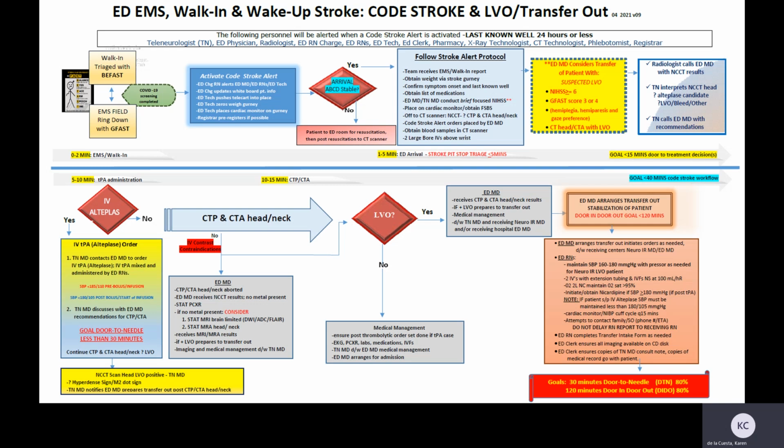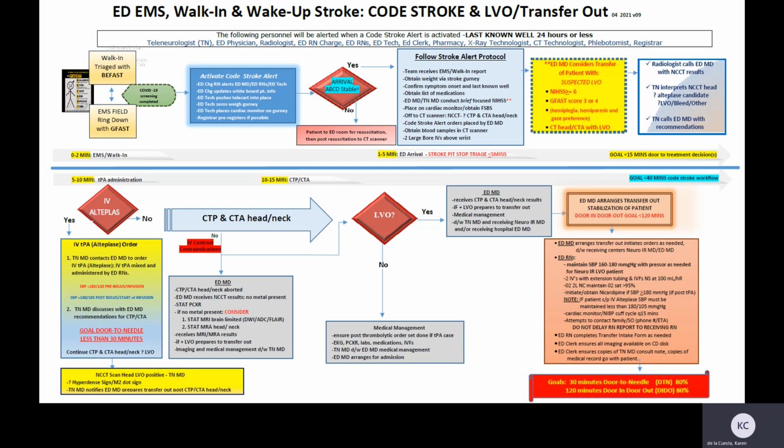Our blood pressure has to be less than or equal to 185 over 110. So patient's getting scanned, we're putting our weight into the WOW. We know our blood pressure, let's just say right now, our blood pressure is 145 over 80. So our blood pressure is good. Teleneurology, they're doing their thing, and we're just waiting now while the patient's being scanned.